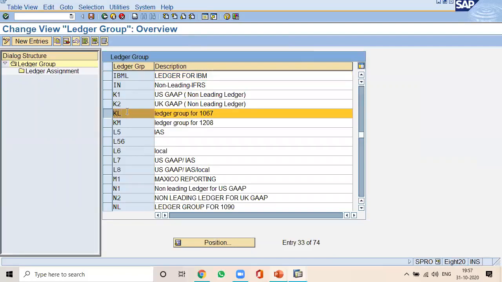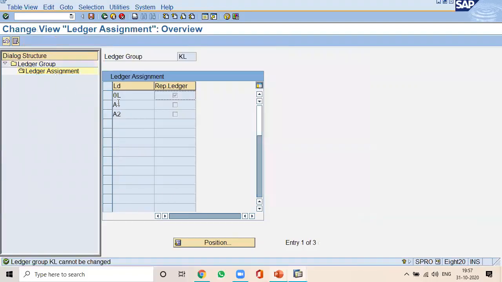See, we have the ledger group KL, right? So in this ledger group KL, we have assigned 3 ledgers. So 0L, the leading ledger, A1, A2, the non-leading ledgers. So a ledger group KL is created.